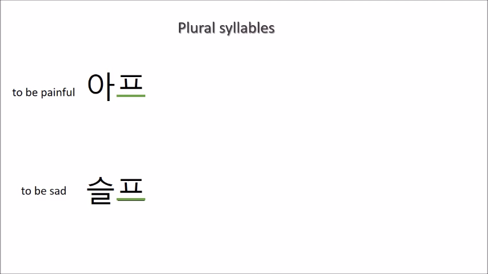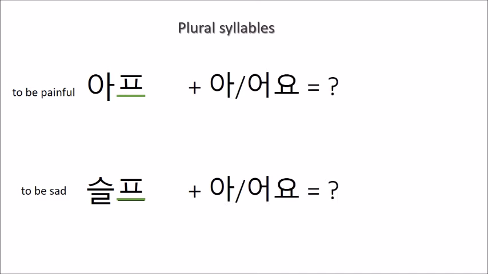What we look at here is the vowel in the first syllable of these words. In the case of 아프다, we have the vowel 아, which is a bright vowel. And looking at the word 슬프다, we have 으, which is a dark vowel in the first syllable.